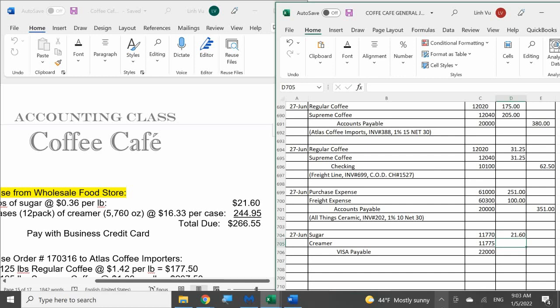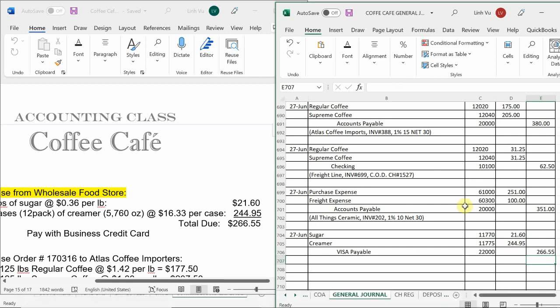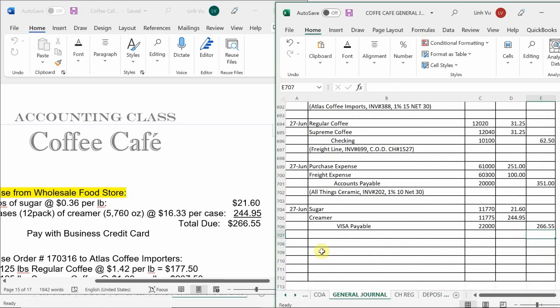And for creamer, $244.95. So how I charge my Visa credit card for $266.55. Right? Description here, wholesale food.